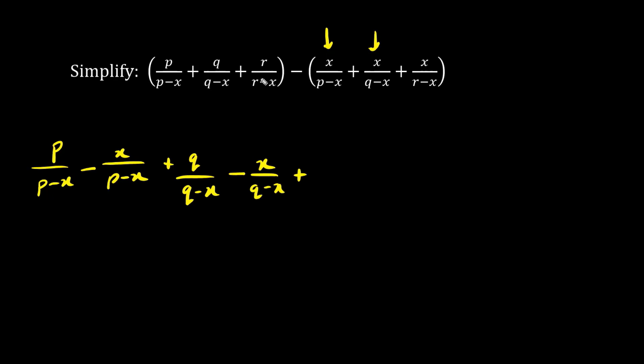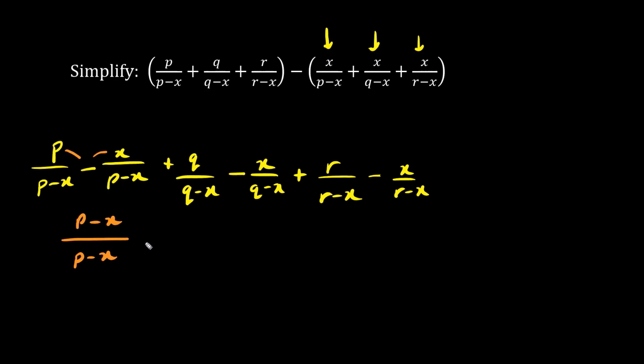Furthermore, for this last part, we have r over r minus x minus this last term, which is x over r minus x. We have a common denominator, so we can combine into one term. We have p minus x, and we have p minus x on top.